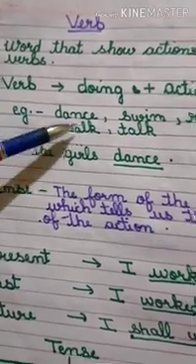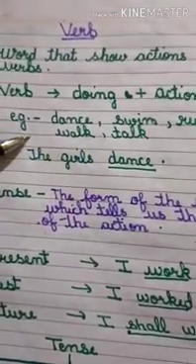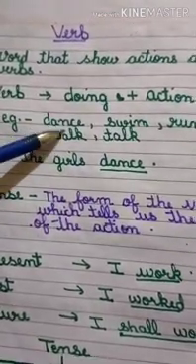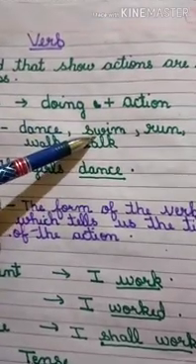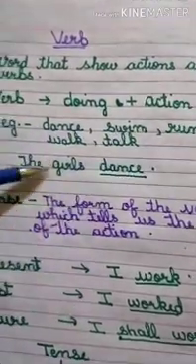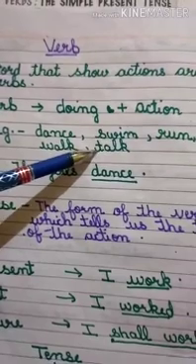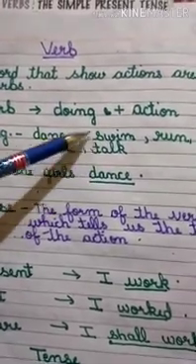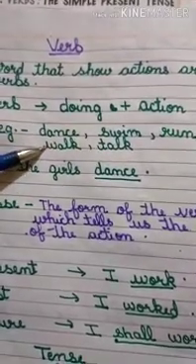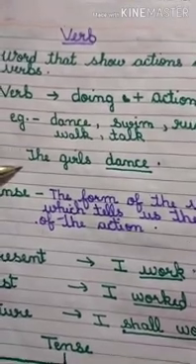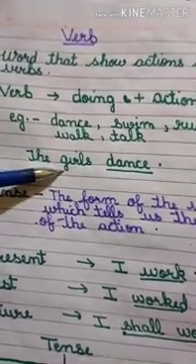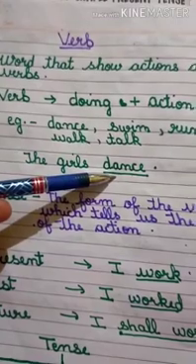So here I have written few examples. So what are the examples? Like dance, swim, run, walk, talk. So these all are physical activities. So now see here example. The girls dance.